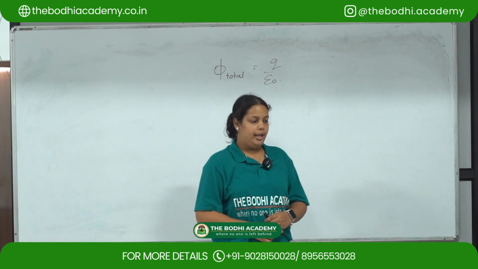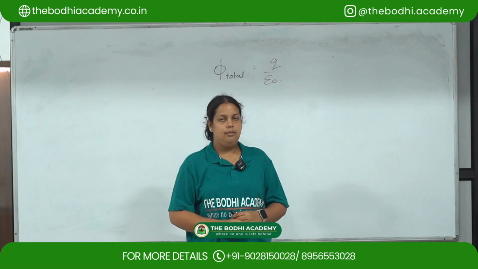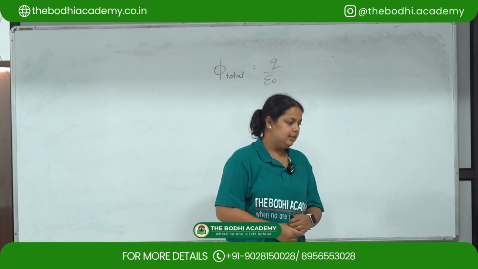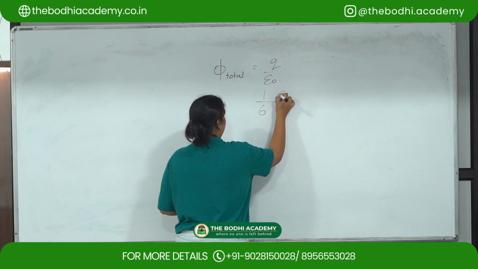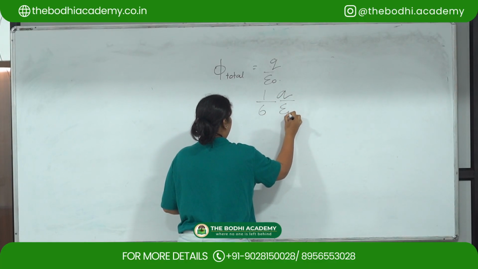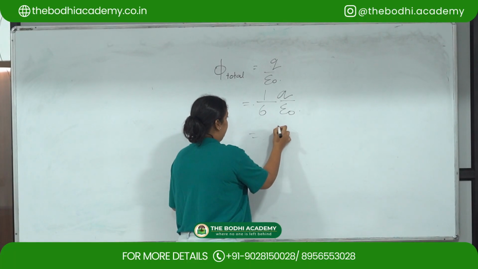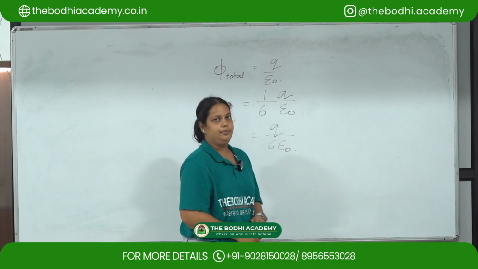So for the square, it will be any one face of the cube. As the cube has 6 faces, it will be 1 upon 6 Q by epsilon naught. So the answer will be Q upon 6 epsilon naught.